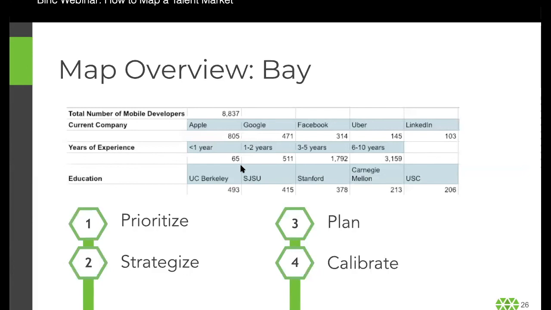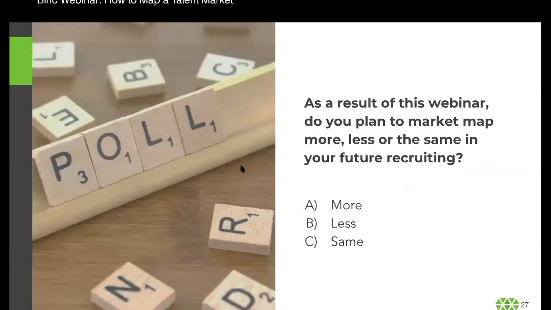And so before we jump into the calibration session with our hiring leader, a quick pulse check poll on to what degree what we've been sharing here has contributed to any level of enthusiasm or plan to use this market map tool in your recruiting when you go back to your desk.